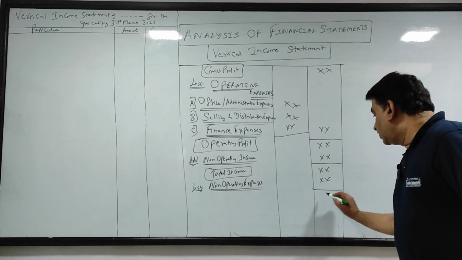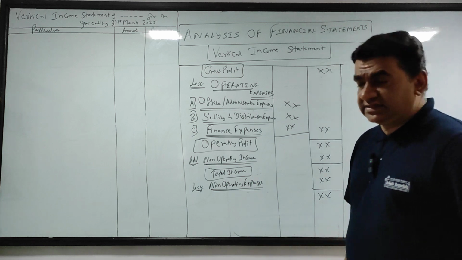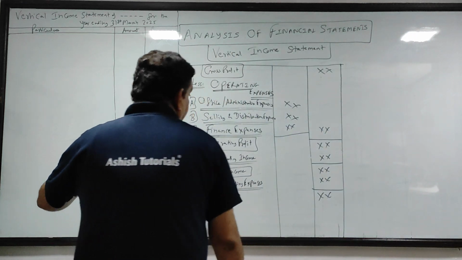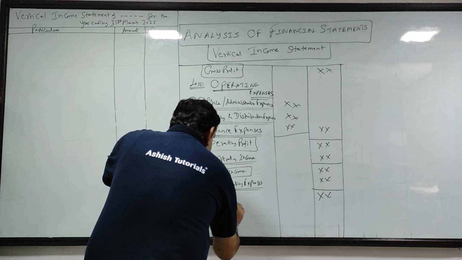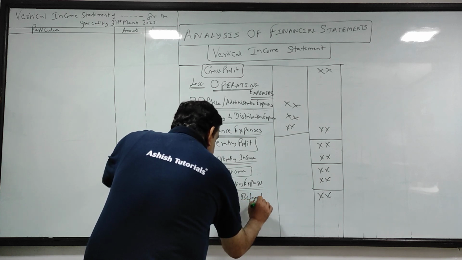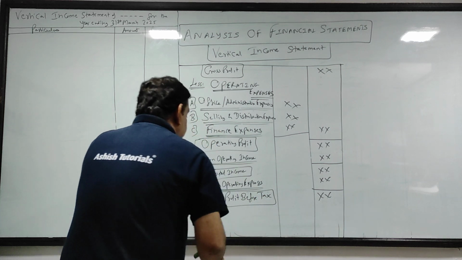Now from total income you will minus non-operating expense, and after deducting non-operating expense, what you get will be called net profit before tax.